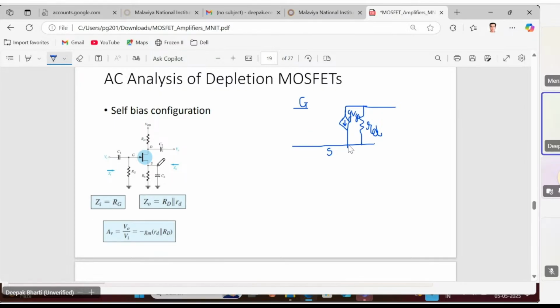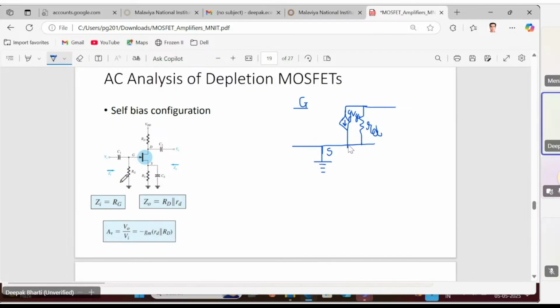Rule was to short circuit this CS, because capacitor needs to be replaced by the short circuit. So that's why source will be directly connected to ground, and the RS will be eliminated. It will be bypassed. So that's why this RS doesn't appear in the picture here, because it is bypassed or eliminated because of this bypass capacitor CS.